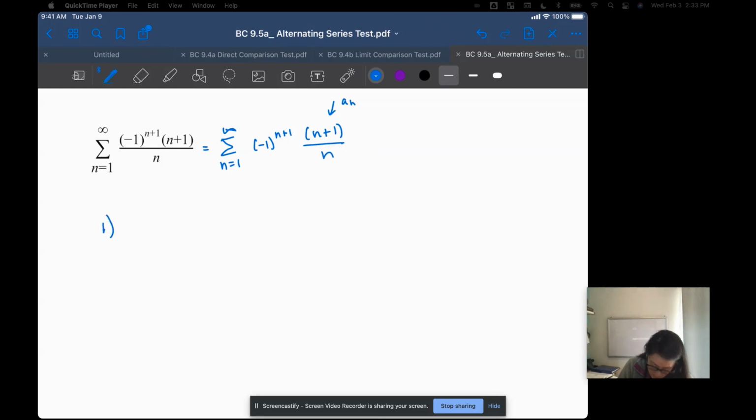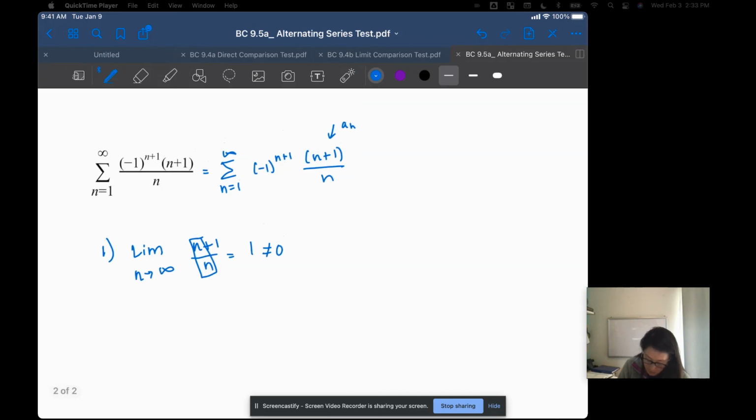So I'm going to test number 1, the limit as n approaches infinity of n plus 1 over n. And really, these are growing at the same rate. So we end up with a limit of 1, which does not equal 0. Remember, this is just the nth term test. So the series diverges by the nth term test.